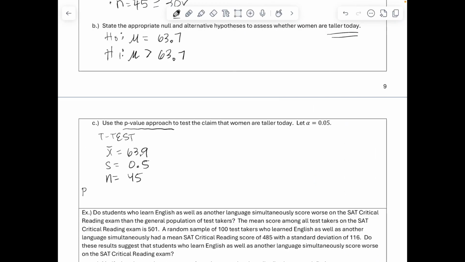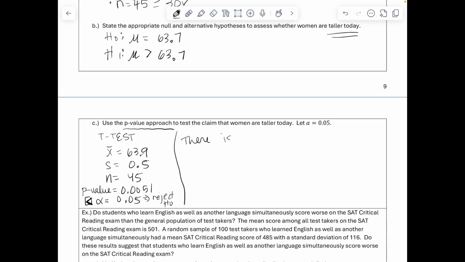From the graphing calculator, we got a p-value equal to 0.0051, and we're going to compare this to alpha, which is 0.05. Our p-value is less than alpha, and that means we are going to reject H0.